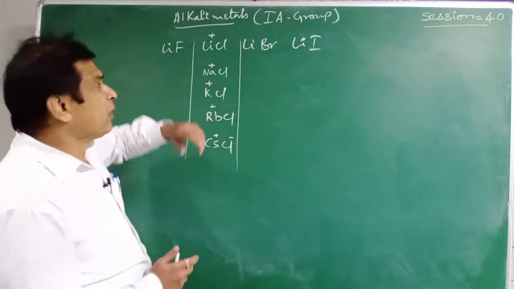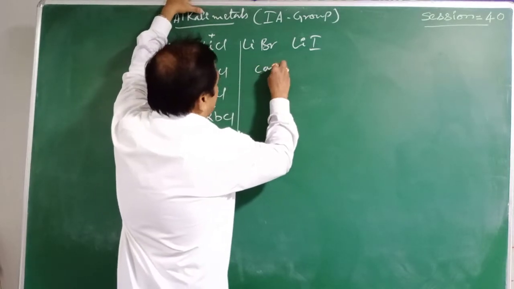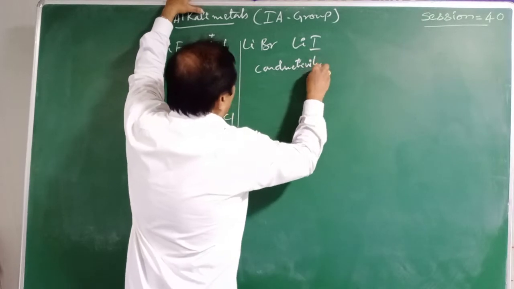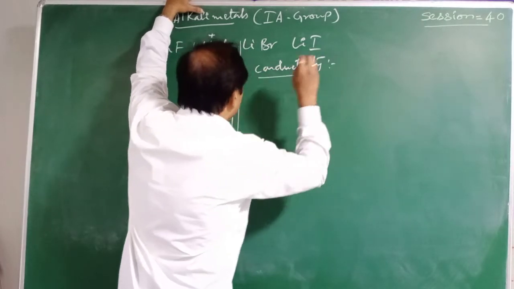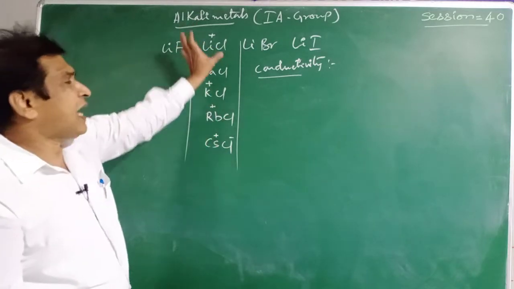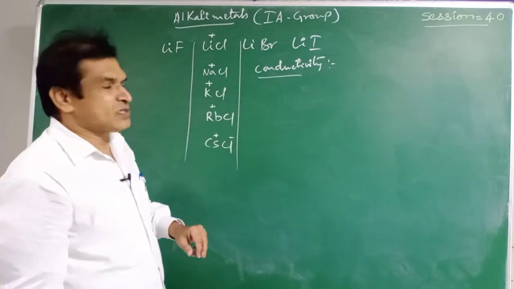Now coming to the important point, conductivity of the substances. We are not discussing all the properties of ionic compounds; we are discussing the properties of these halides in the group. So one is the conductivity of these halides.